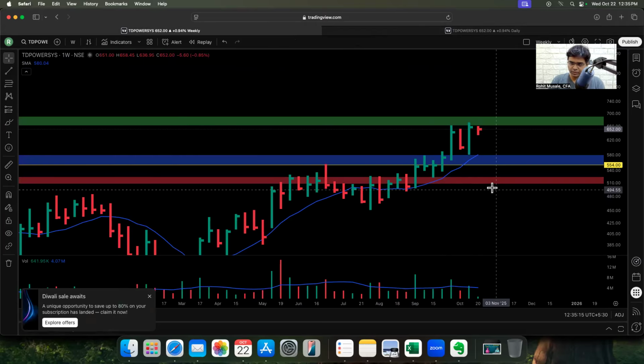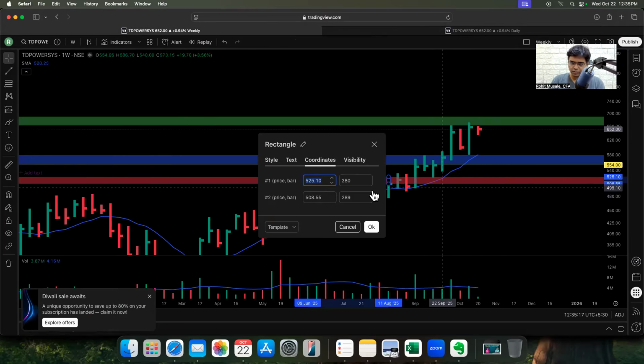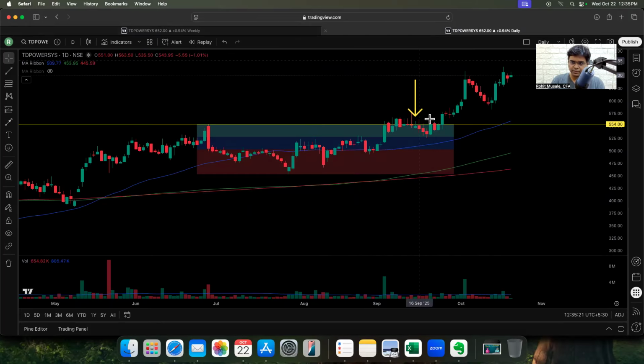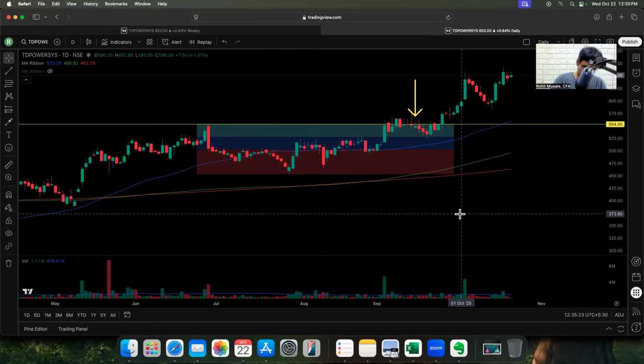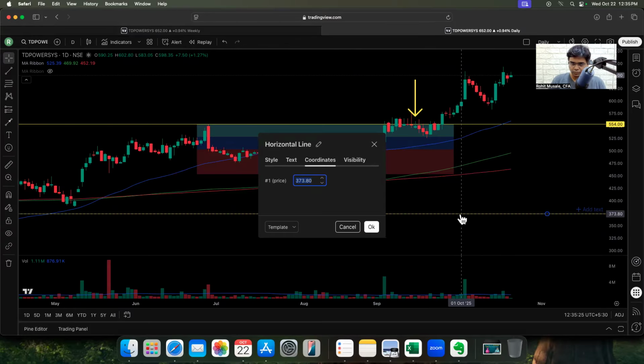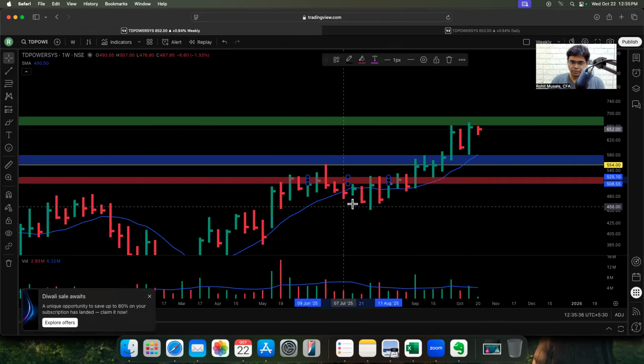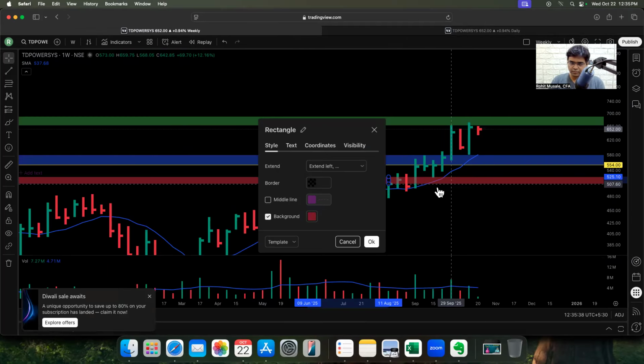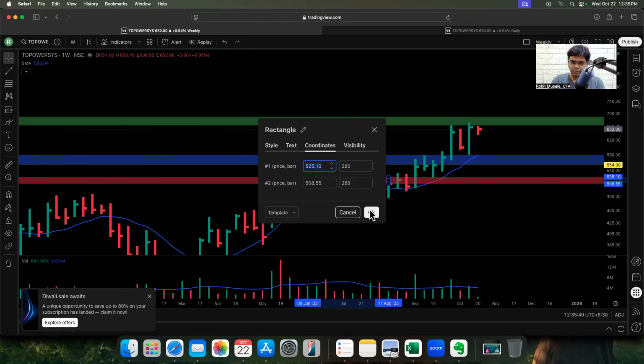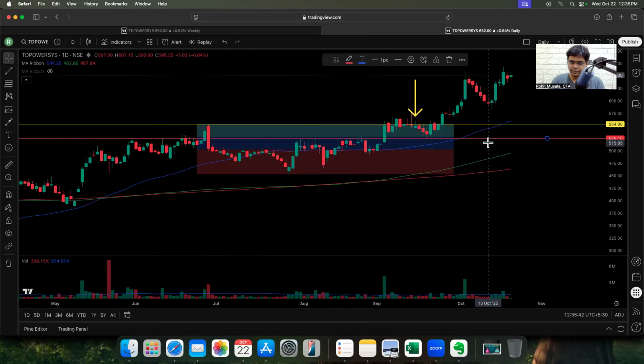Where is the stop loss range? 525.10, 508.55. So let's do that. 525.10, and let's mark it with a red line. And then the next stop loss range is 508.55.